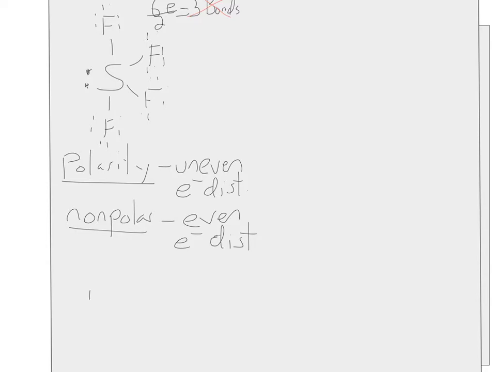We look at something like water, and we can see that water is a very polar molecule. And with electronegativities, we get the direction of the dipole moment. Oxygen is more electronegative, so it has this partially negative charge. The hydrogen side of the molecule has this partial positive charge, and our dipole moment kind of looks like that.